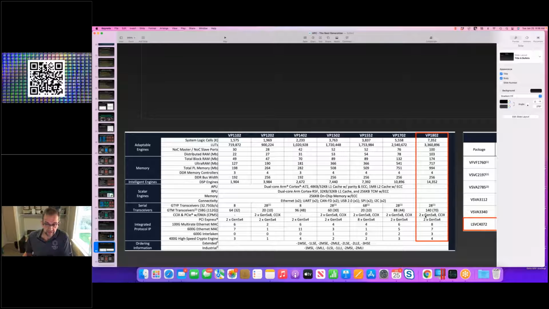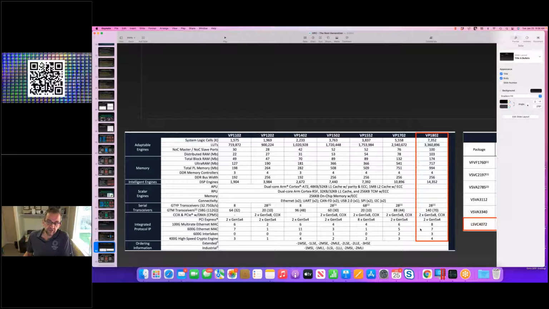Just as I was mentioning, on the PCI bus, you can see it's Gen 5, and the hard IP that they provide is 8 lanes and 4 lanes. So they've got a total of 4 PCI buses, 2 being x8 and 2 being x4.